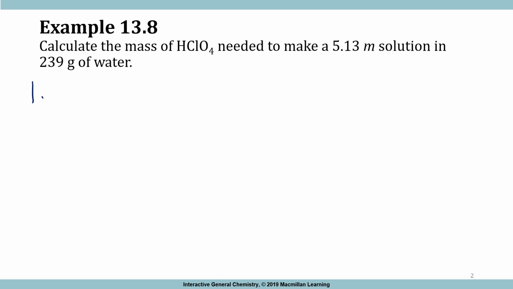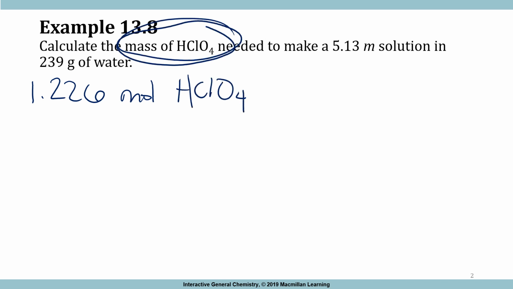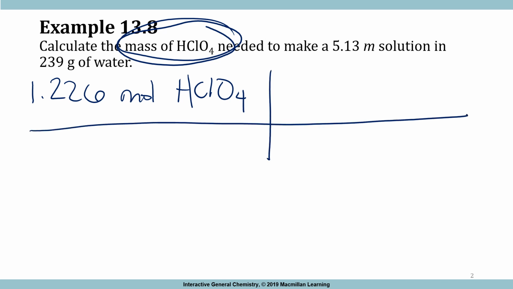So I have 1.226 moles of HClO4. But the question is asking for the mass. So how do I go from moles to grams? I'm going to need to know the molecular weight of HClO4. So I need my periodic table of elements. Hydrogen has a weight of 1.008, and there's one of them.